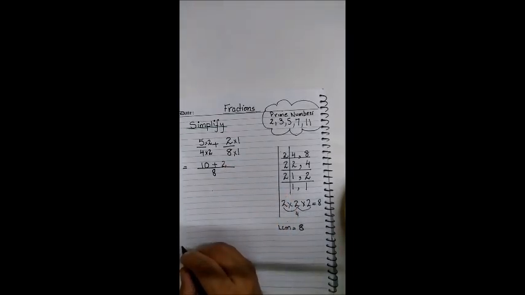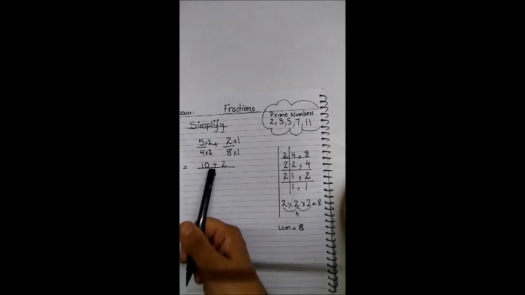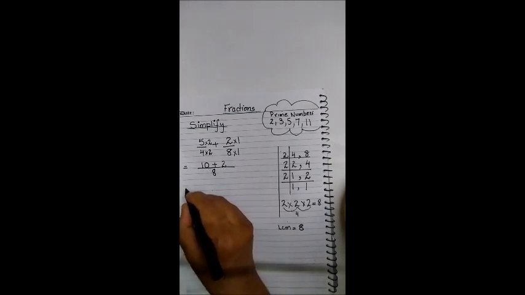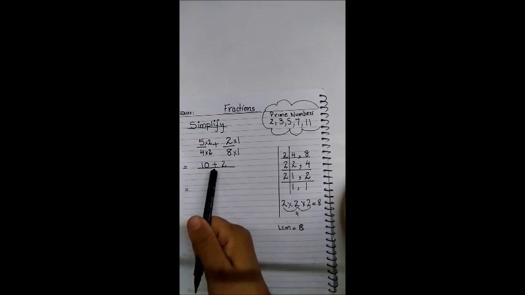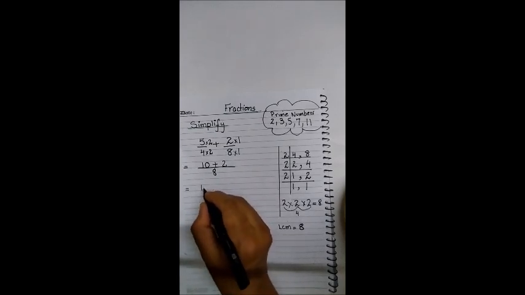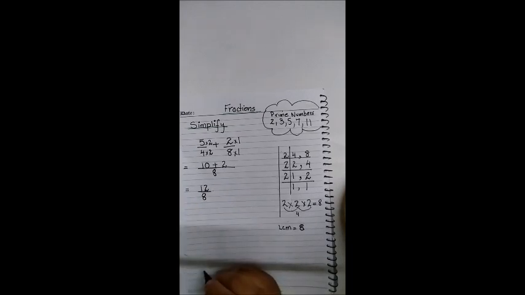Okay. Now when you have added up 10 plus 2, the sign is in the middle, follow the sign. It says to add up these two numbers. So 10 plus 2 gives us 12. And then you will write 8 as a denominator. Now children, I can see 12 and 8.